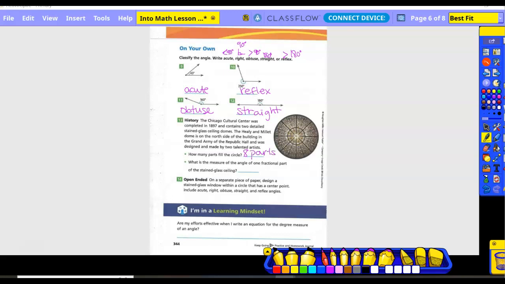What is the measure of the angle of one fractional part of the stained glass? So if I wanted to find just one piece of this, what is that as a fraction? So 1/8 equals how many total degrees is the circle? 360, right?